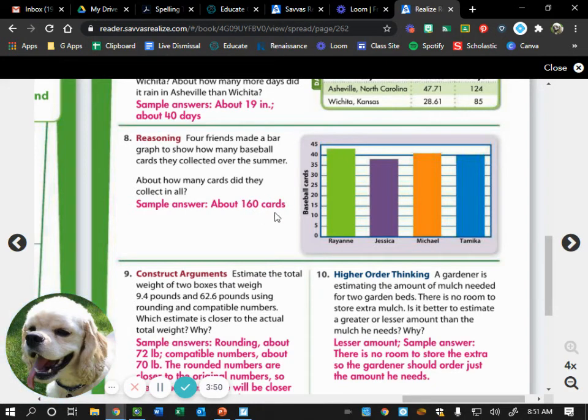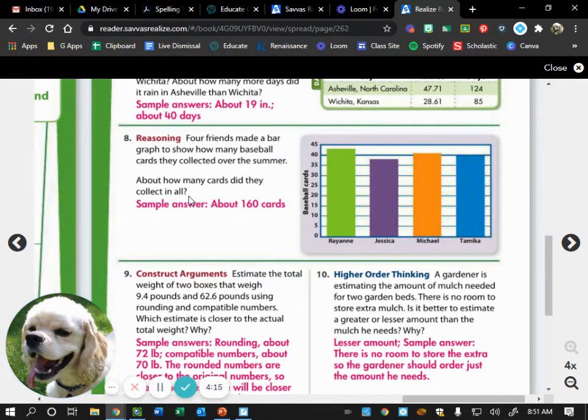You're good to go. That works. That is definitely close enough. Zoe? So, a reminder, when you have a word problem like this and they're asking about how many, your answer should also have about. So that is saying, I estimated. This is not the exact answer, but I estimated.